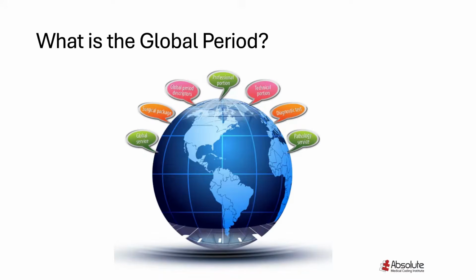If you fracture your leg, there's one code, and that one code will be valid for a period of 60 or 90 days. Let's say 90 days, right? And anything within that global period will be bundled. Any visit or thing that's related to that fracture treatment is generally bundled.